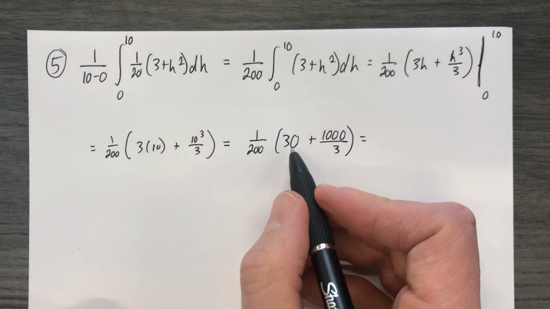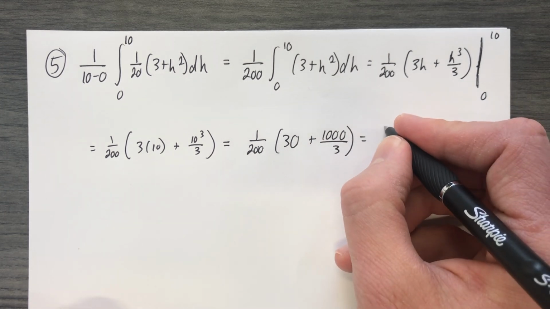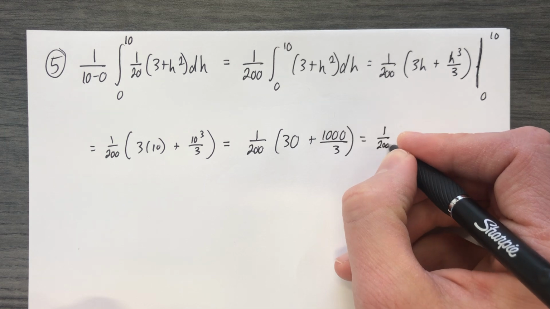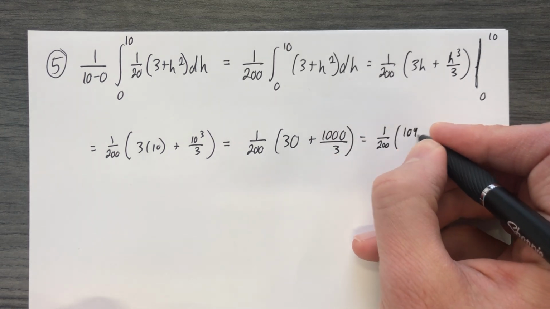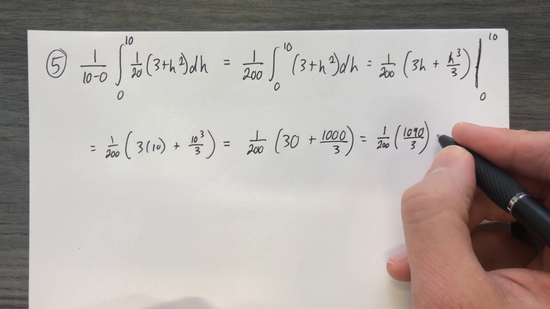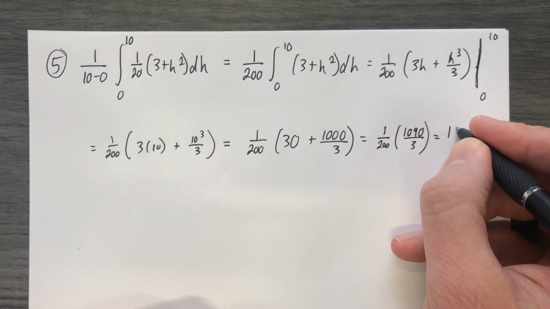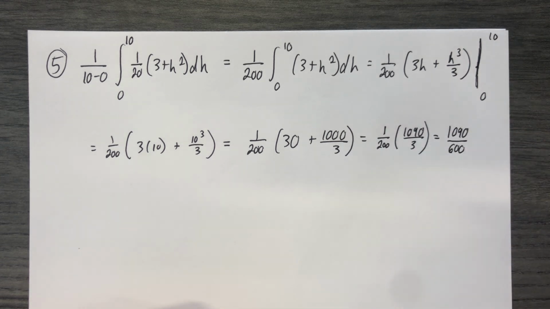And we can get a common denominator here. That gives me 90 over 3. So that's going to give me 1 over 200 times 1,090 over 3. That does not reduce. And that's going to give me 1,090 over 600.